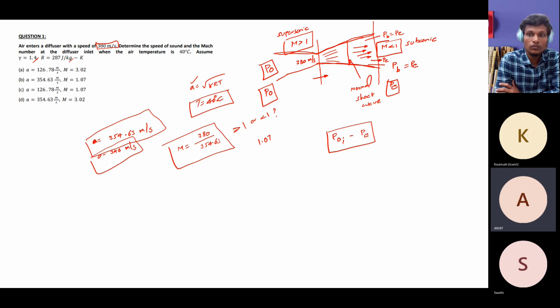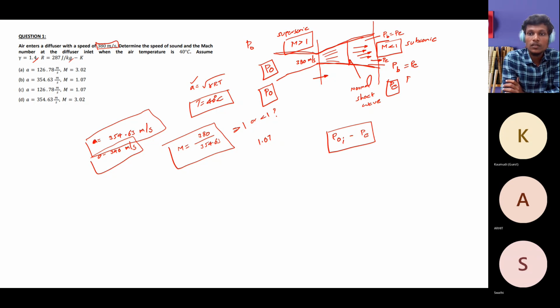Yes. What is the reason behind it? The reason is simple. If you are expanding any fluid to a particular pressure, you are creating a difference, right? It is already making the difference from its velocity. If you are creating a pressure difference P naught and PE, the fluid can only expand to the pressure that you kept outside, right?